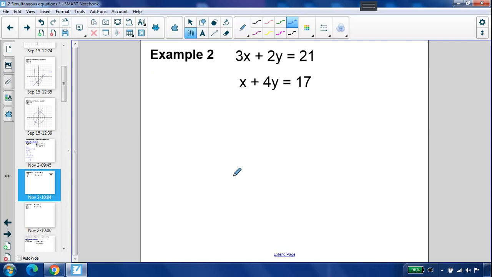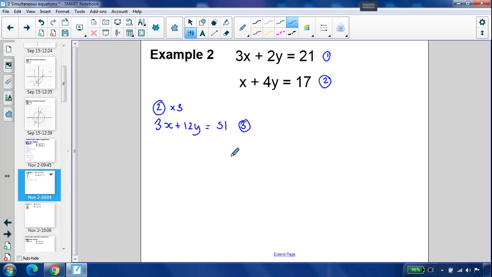Let's move on to another example of the elimination method. So this time I'm going to get the x's the same. I'm going to choose to multiply equation 2 by 3. So I'm going to write this here, 2 multiplied by 3. So I'll have 3x plus 12y is equal to 51. And I'm going to call that 3.